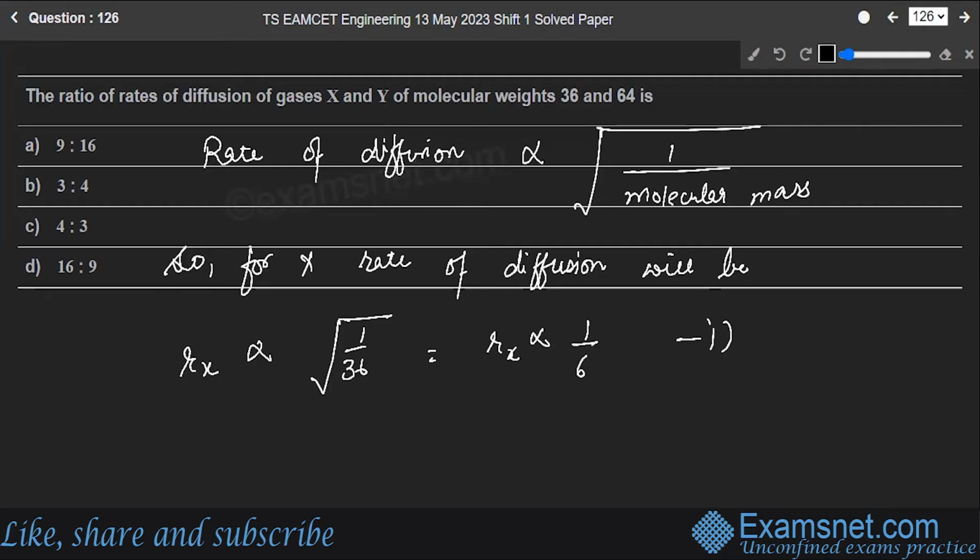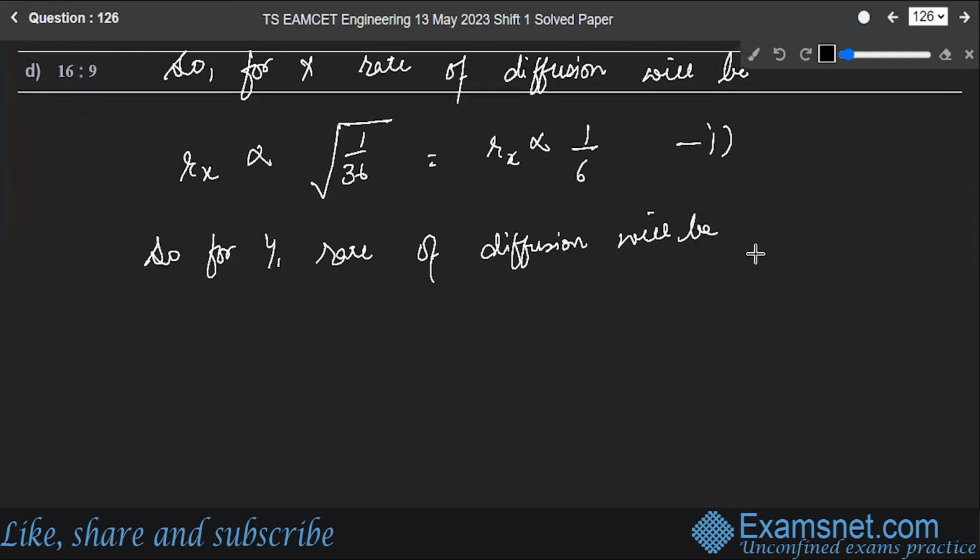Similarly for Y, Ry is proportional to 1 by 8.